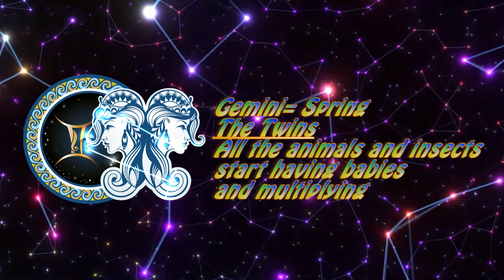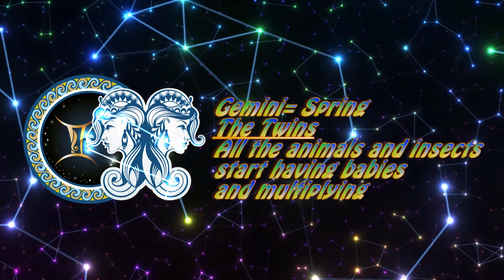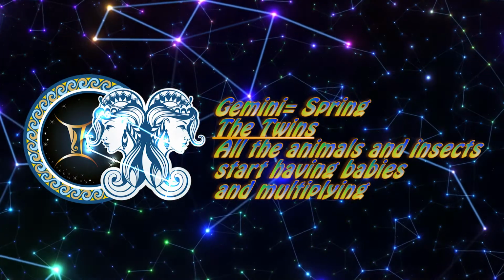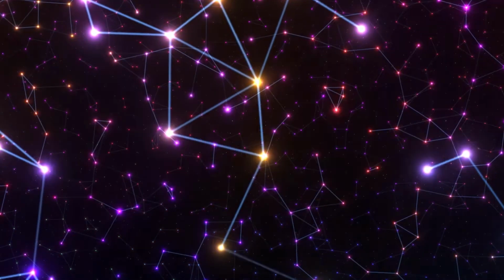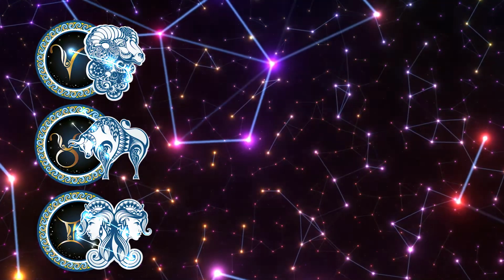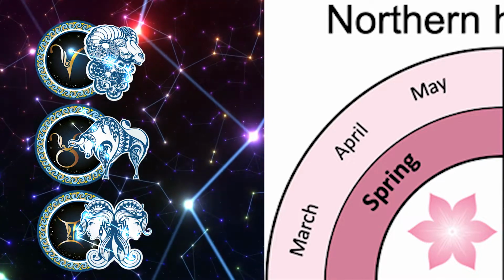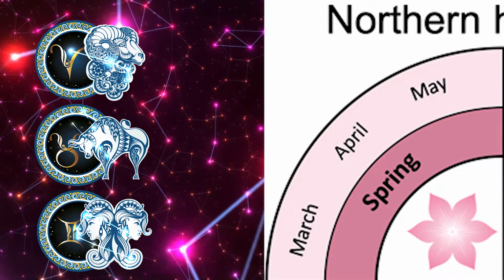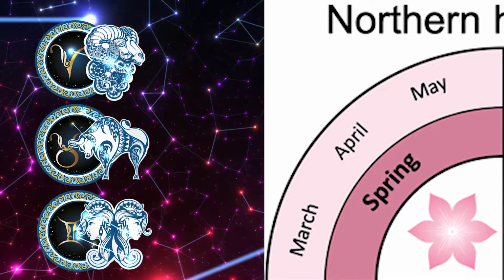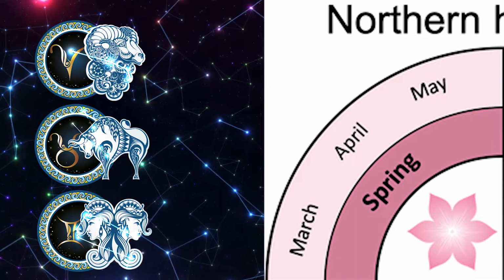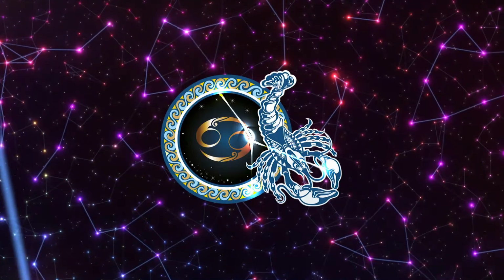This is around that time when things on the planet start to multiply. So that's when they use that. So those three, Aries, Taurus, and Gemini, they are all only in spring. Those are spring constellations. So then we move on to Cancer.